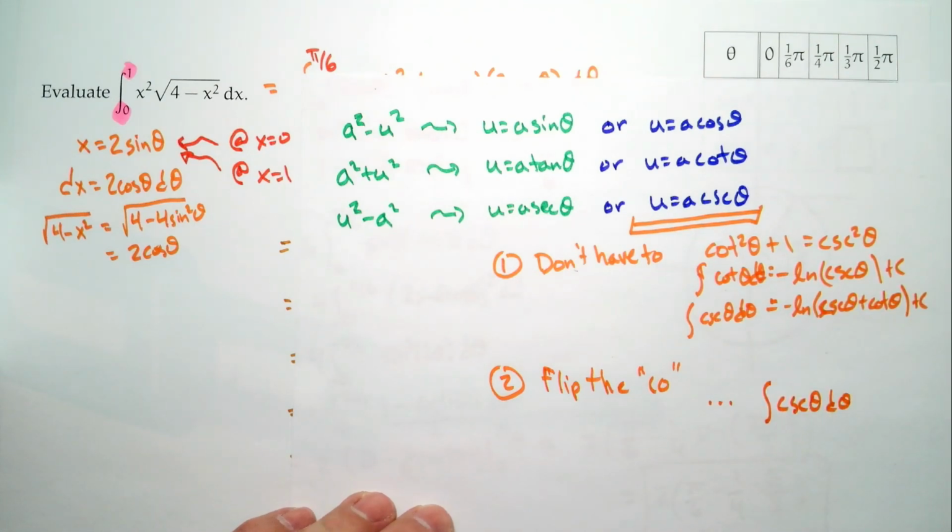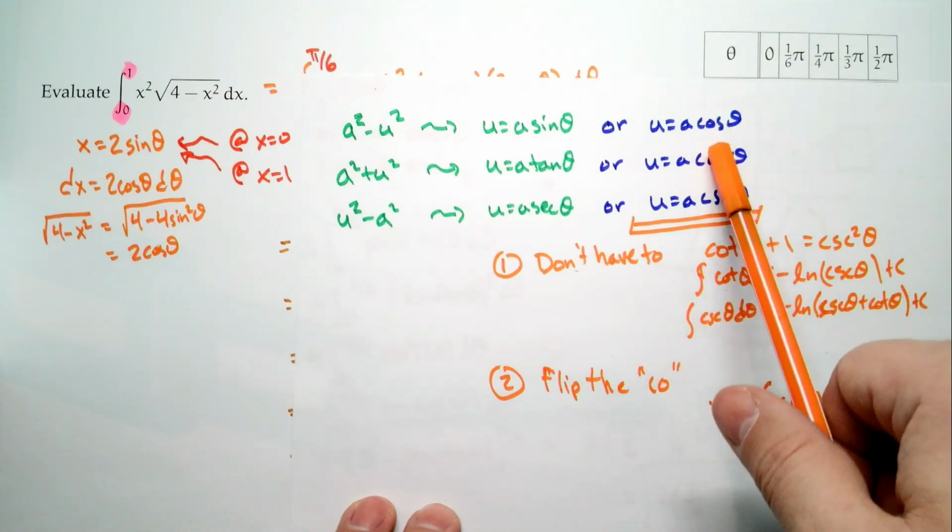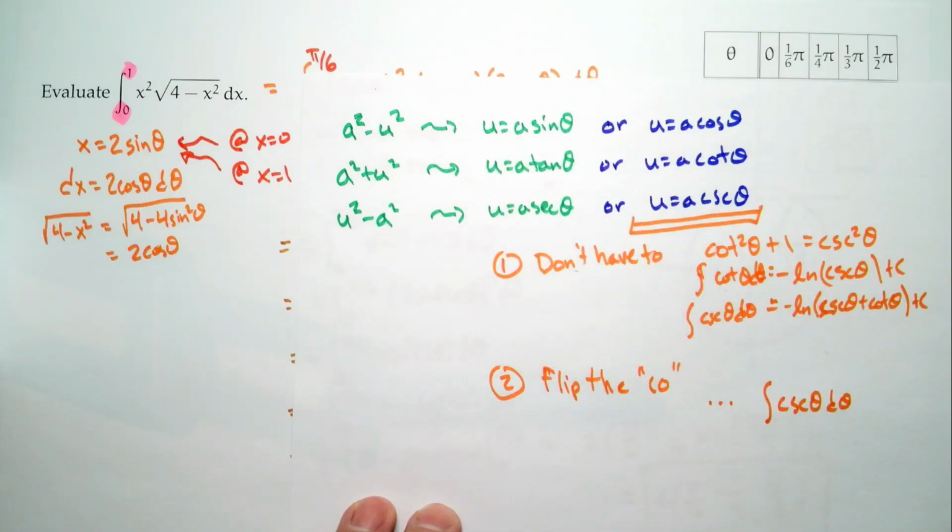I wish I could get rid of the co. The answer is, okay, come back up here and make the other choice. So if you make the other choice, what happens is, as you work through, everything stays the same more or less except for sign changes, and you either put a co in front of a trig function or you take a co out. So if it was cosine, it's going to become sine. If it was secant, it's going to become cosecant, all the way down.